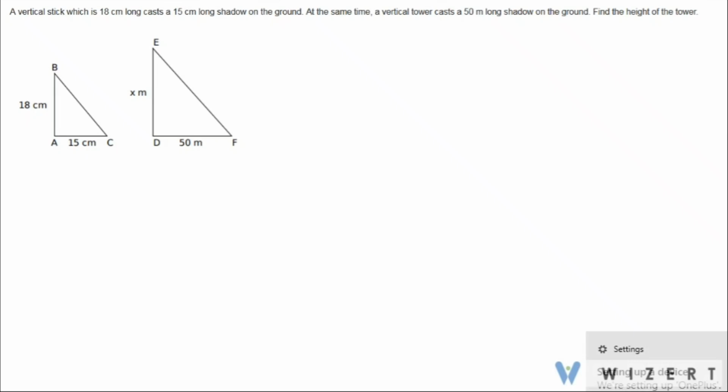Now, since it is given that the time of the day is same, we can say that shadows have same elevation angle, angle theta.